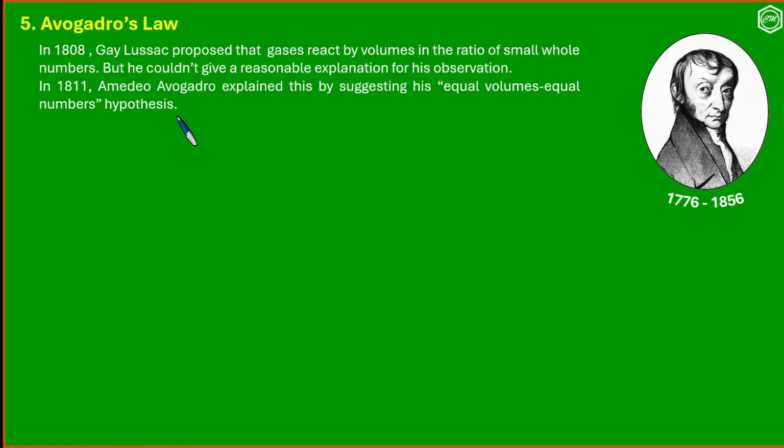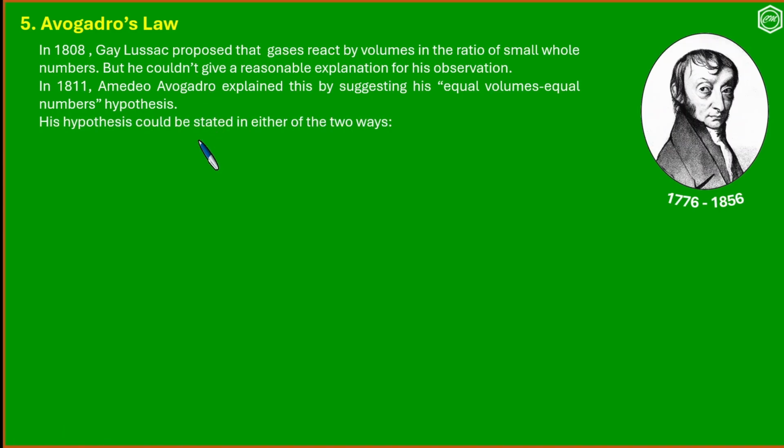A hypothesis means a guess or proposed explanation which is to be proved later. Avogadro made a distinction between atoms and molecules, which is quite understandable to us. But at that time, his hypothesis and its implications were not understood by his contemporaries, including John Dalton. He did not accept the concept of molecules.